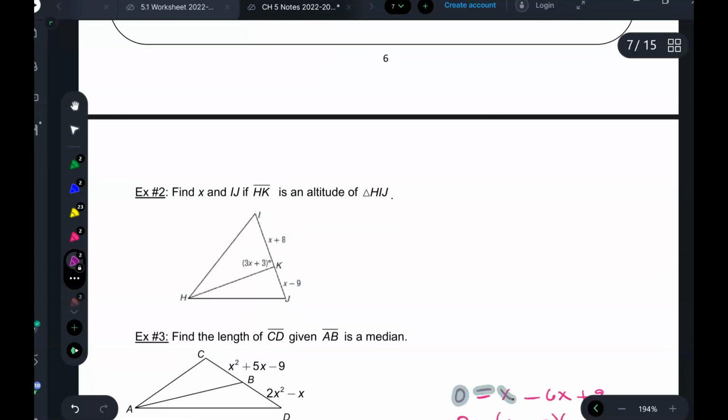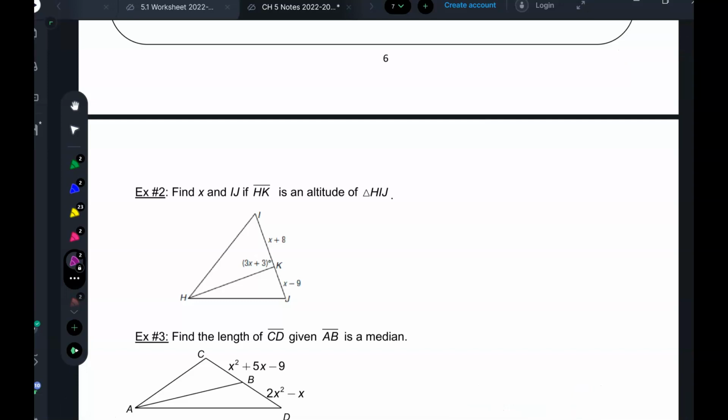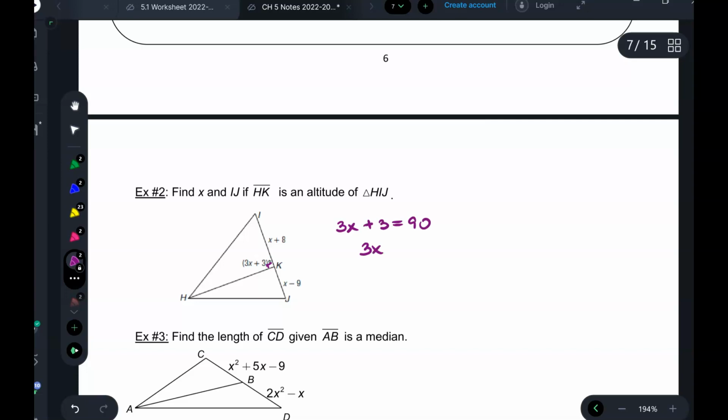Is this a midpoint? Did altitude have anything to do with a midpoint? No. So why should it be x plus 3 plus x plus 8 equals 9? No, it's just 3x plus 3 is 90. So 3x equals 87.